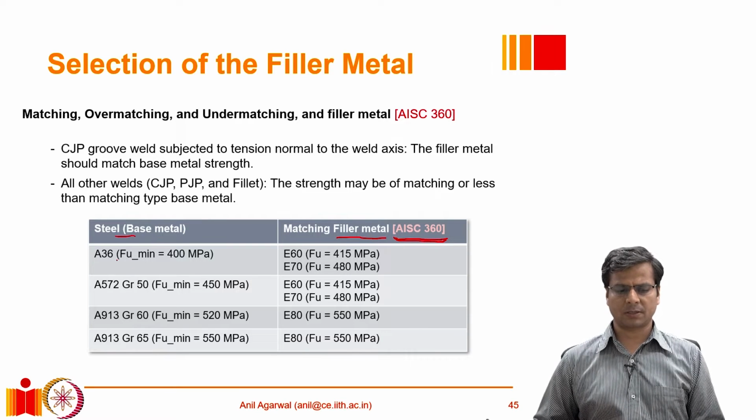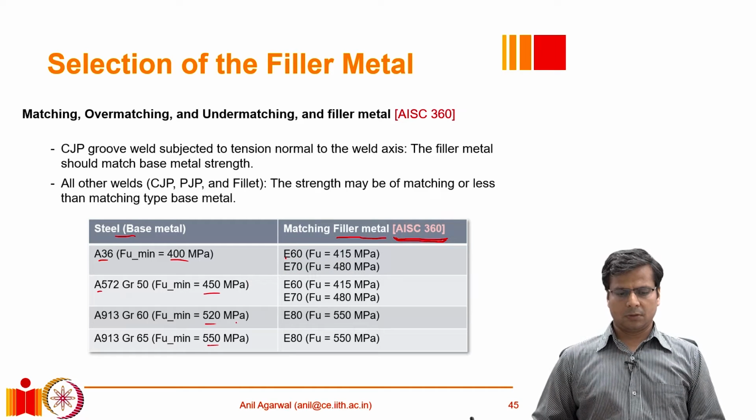So this is from American standard. So this A stands for ASTM codes, and there are different strength materials: 400 MPa ultimate strength, 450, 520, and so on. And for them, certain types of electrodes, these are the designations of electrodes which are prevalent in the US. So E60 basically is an electrode, a filler material electrode, which has an ultimate stress of 415. Likewise, E70 has an ultimate stress of 480 MPa.